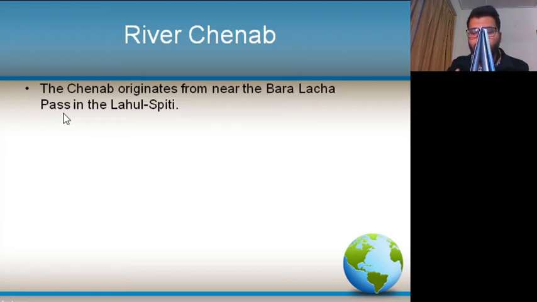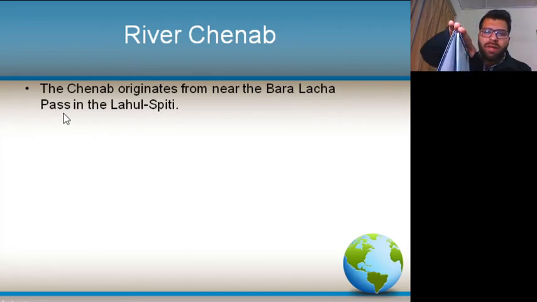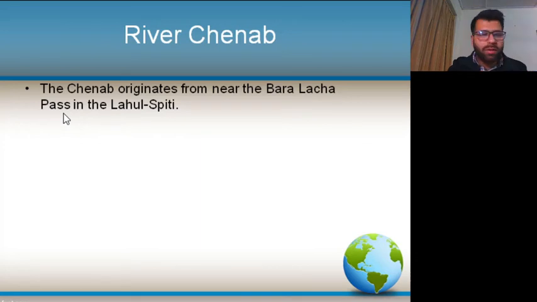On one side the water gets collected and it is called Chandra, and on the other side, whenever the snow melts, it gets collected and is called Bhaga. Both flow in completely opposite directions from the mountain pass. Both lakes form small streams or headwaters.